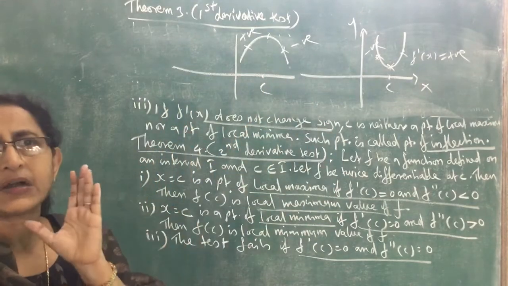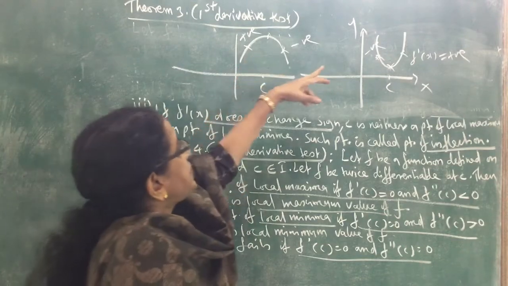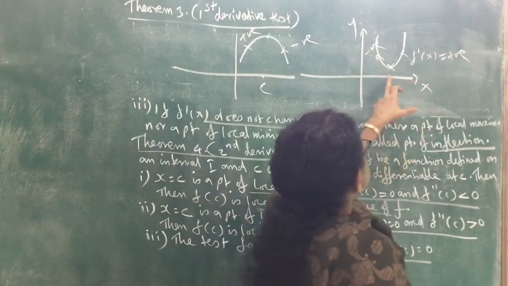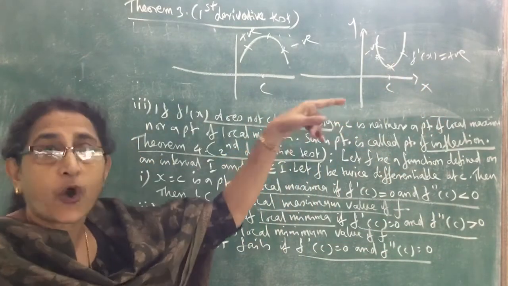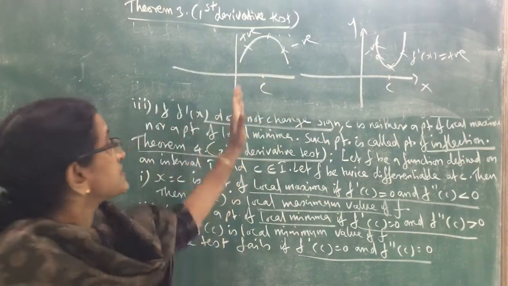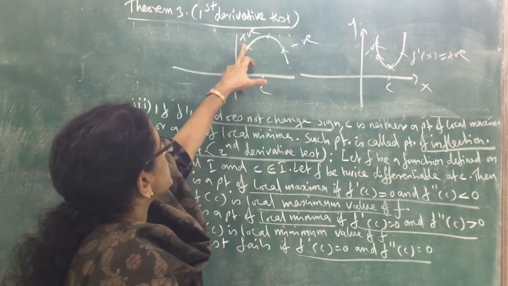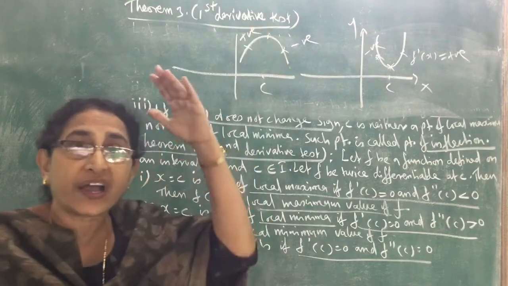So if the sign of f dash x changes from negative to positive as x increases through c, then c is a point of local minima. And if as x increases through the point c, f dash x changes sign from positive to negative, then c is a point of local maxima.